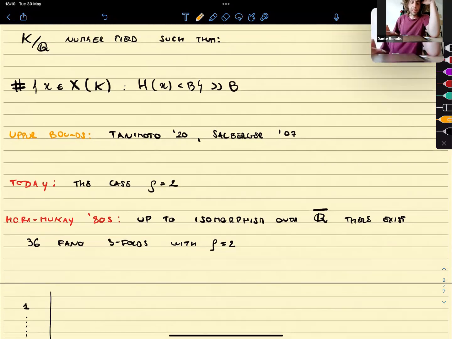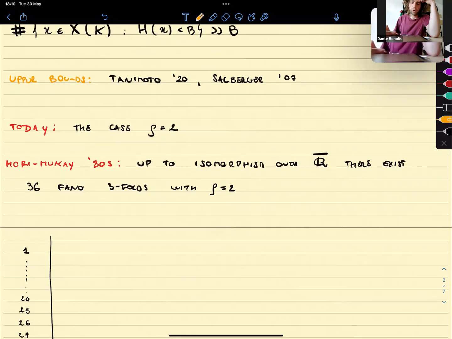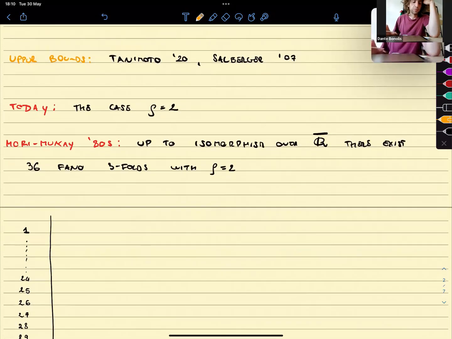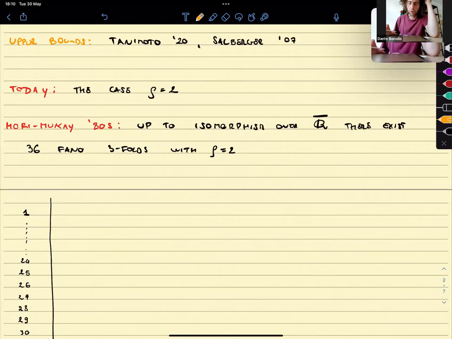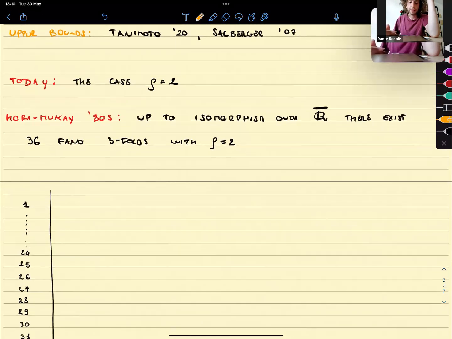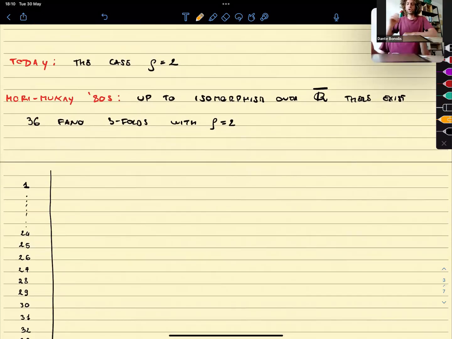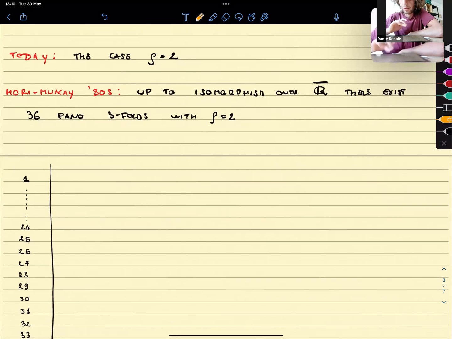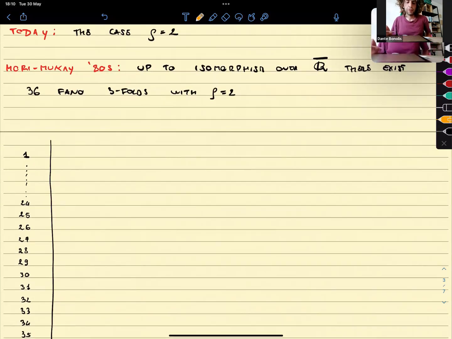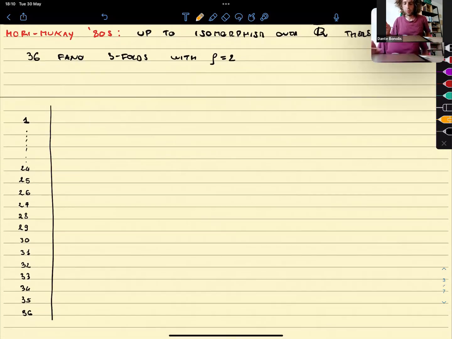Okay, so today we're going to focus on the case when rho is equal to 2. The first thing I want to recall is that there is a classification of such threefolds, and it turns out that up to isomorphism over Q bar, there exist 36 different Fano threefolds with Picard rank equal to 2.